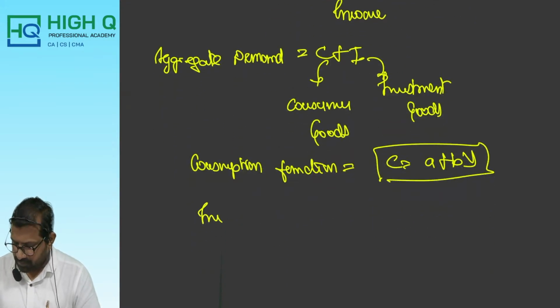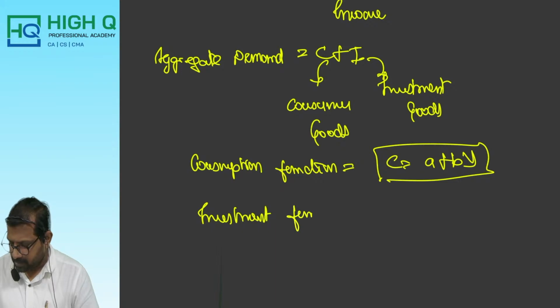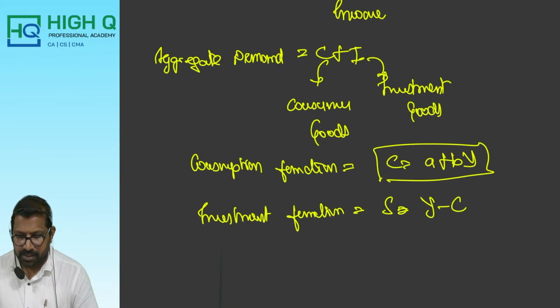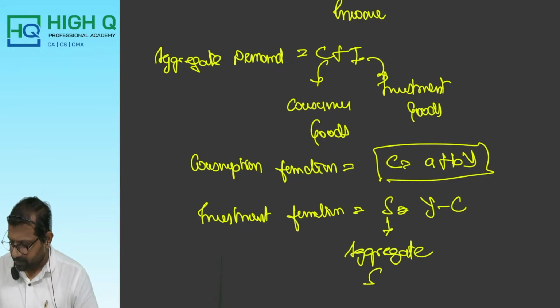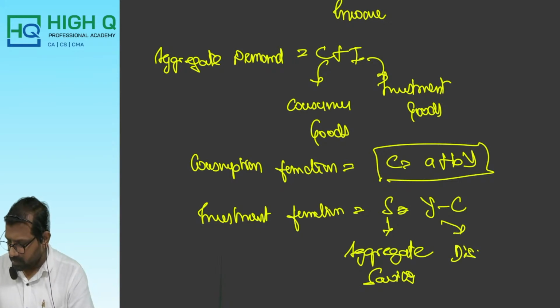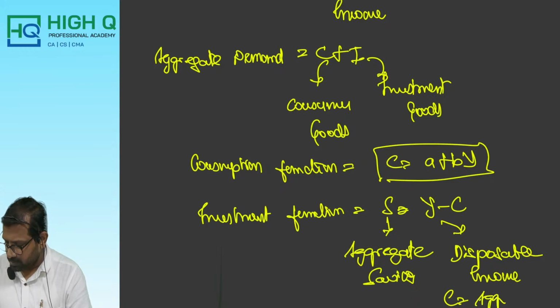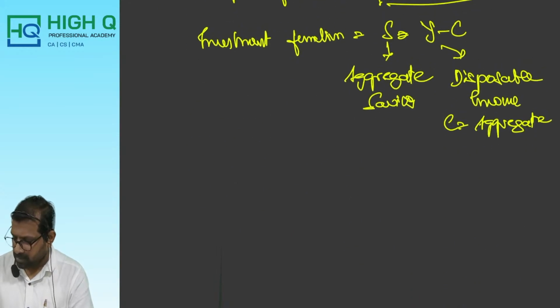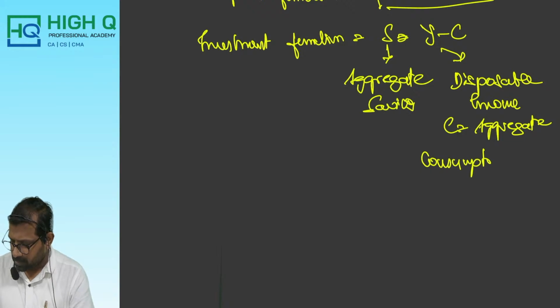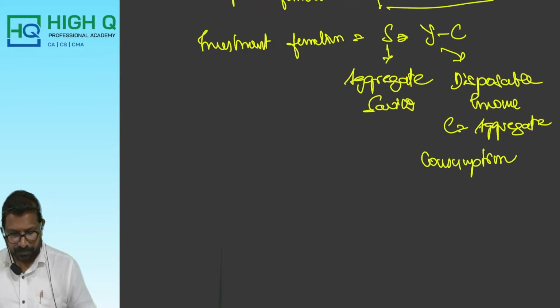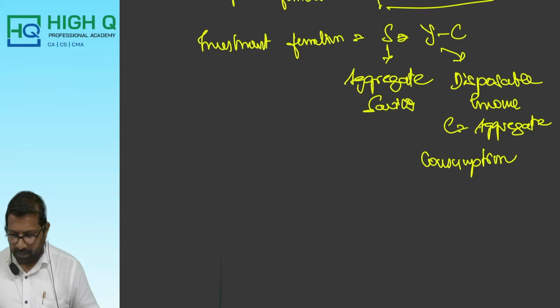And third one, the investment function: S equals Y minus C. S is nothing but aggregate saving, Y is disposable income, and C is aggregate consumption. But here one important point I have given: disposable income.